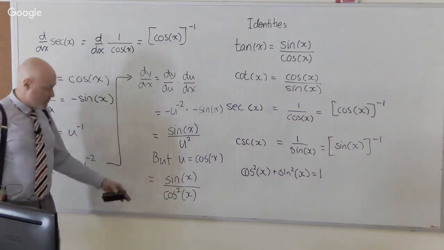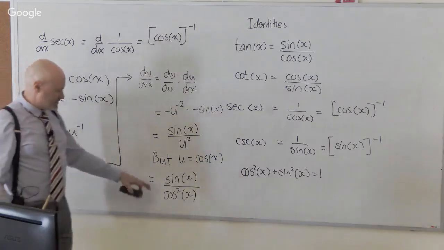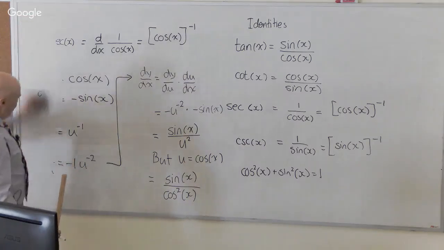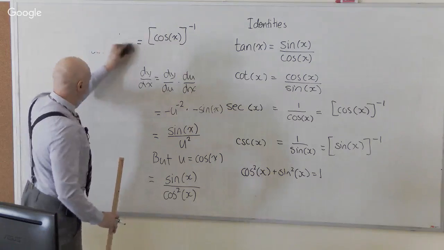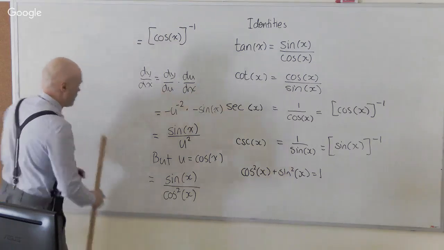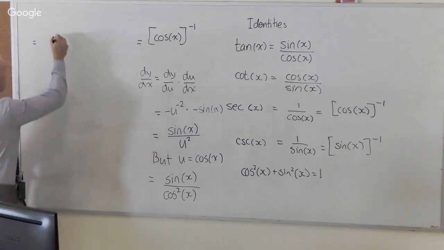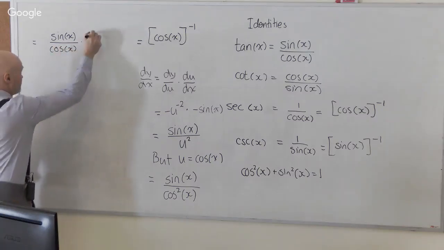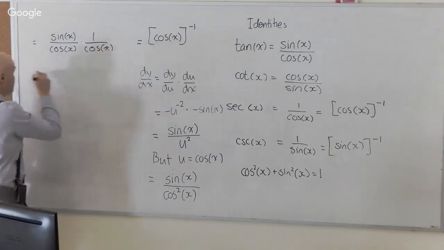So, you know, we've done pretty well. It's almost done. You will actually see this written more often in a slightly different form, because this is equal to sine x over the cosine of x times 1 over cosine x.